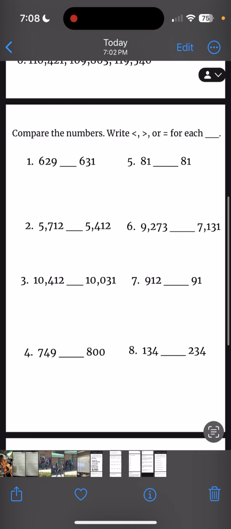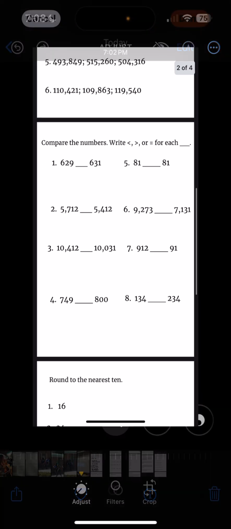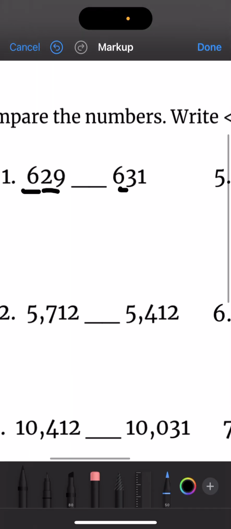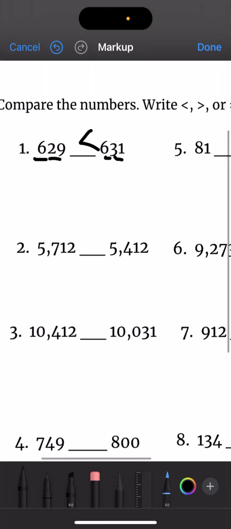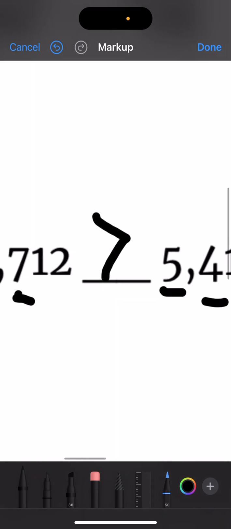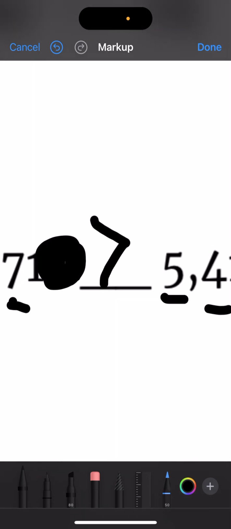Compare the numbers using less than, greater than, or equal to for each blank. Okay, so 6, 6, 2, 3, and 3 is greater. 5, 5, 7, 4, 7 is greater. This sign just means that whatever is bigger, this side is bigger.